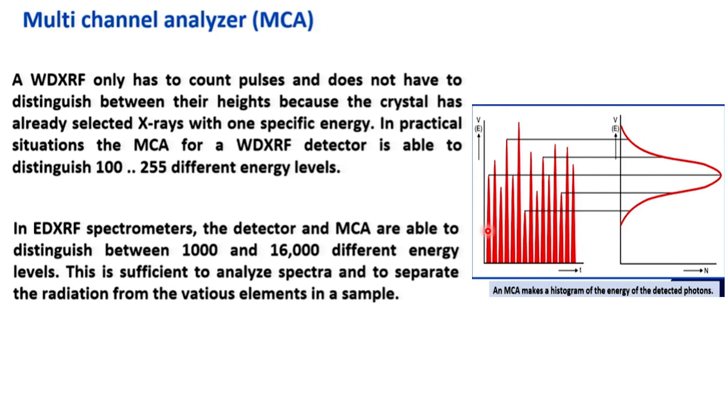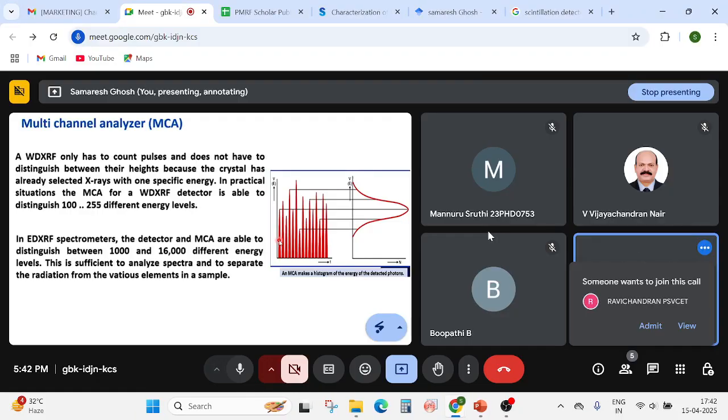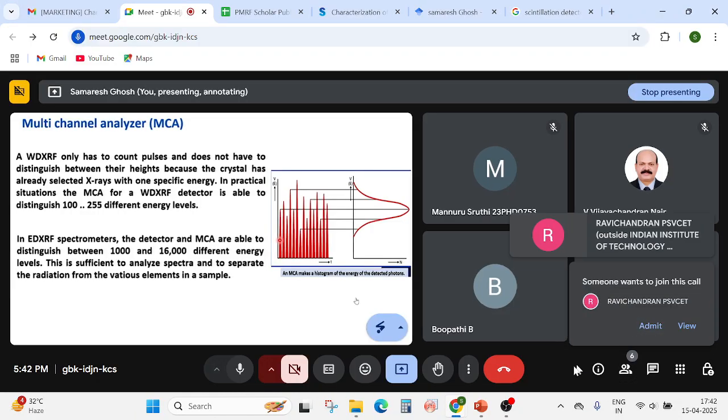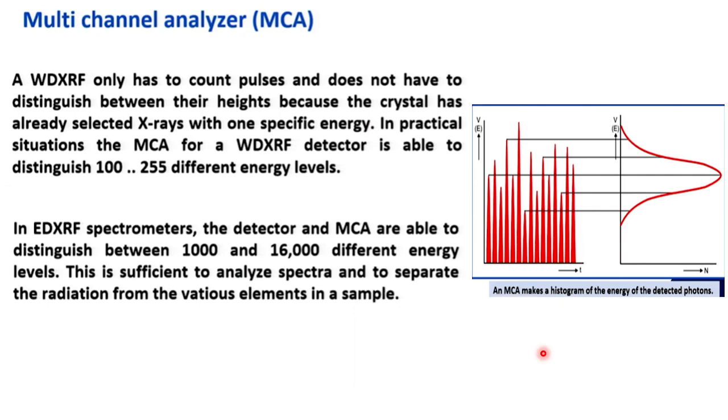Now the multi-channel analyzer: a WD XRF only has to count the pulses, how many pulses are coming, and does not have to distinguish between their heights, because the crystal has already selected X-rays with one specific energy. In practical situations, the multi-channel analyzer for a WD XRF detector is able to distinguish 100 to 255 different energy levels at a single time.